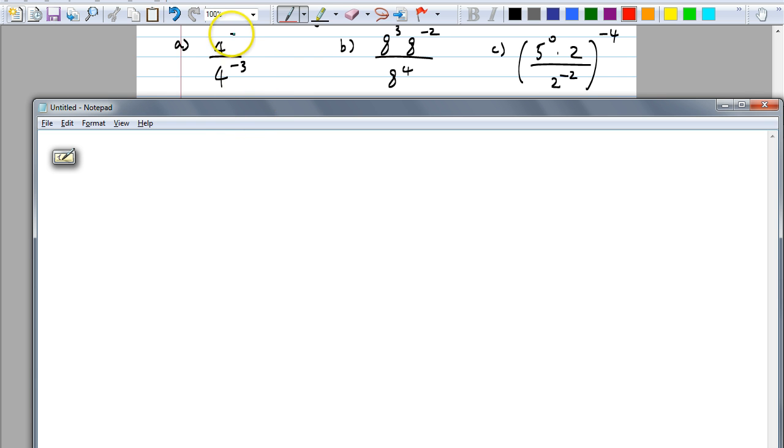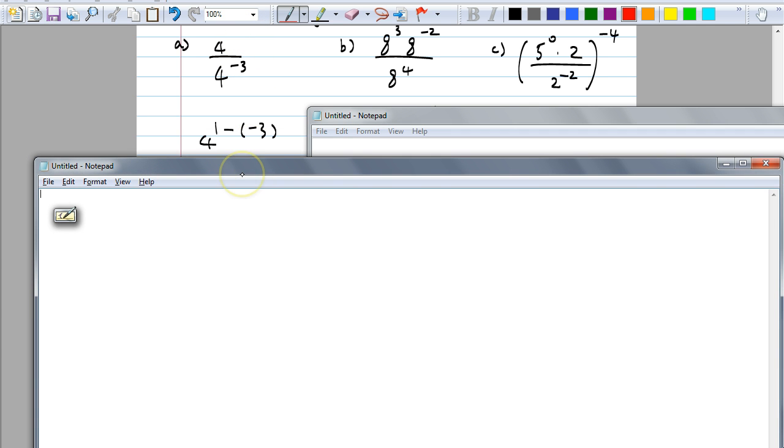It's 4 to the first over 4 to the negative 3. So you do 4 to the 1 minus negative 3. Isn't that what you do? What do you get? What is 1 minus negative 3? What do you get?